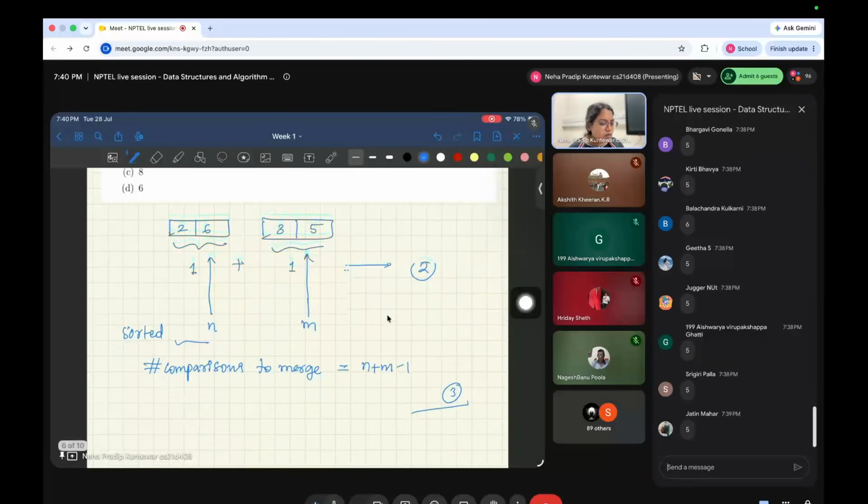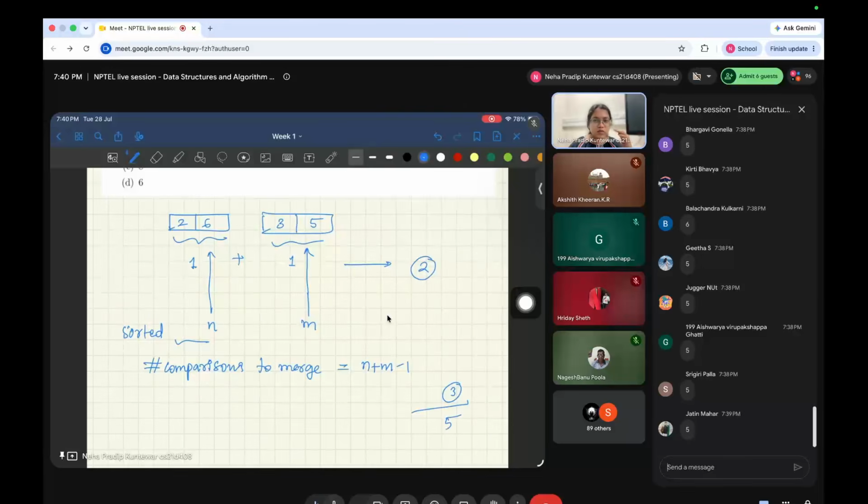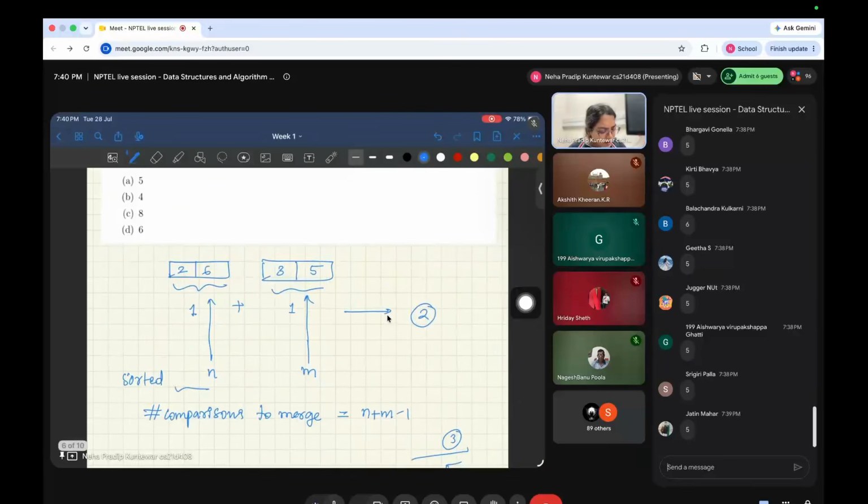So altogether you end up making 5 comparisons. And indeed, in this example you need to make 5 comparisons.